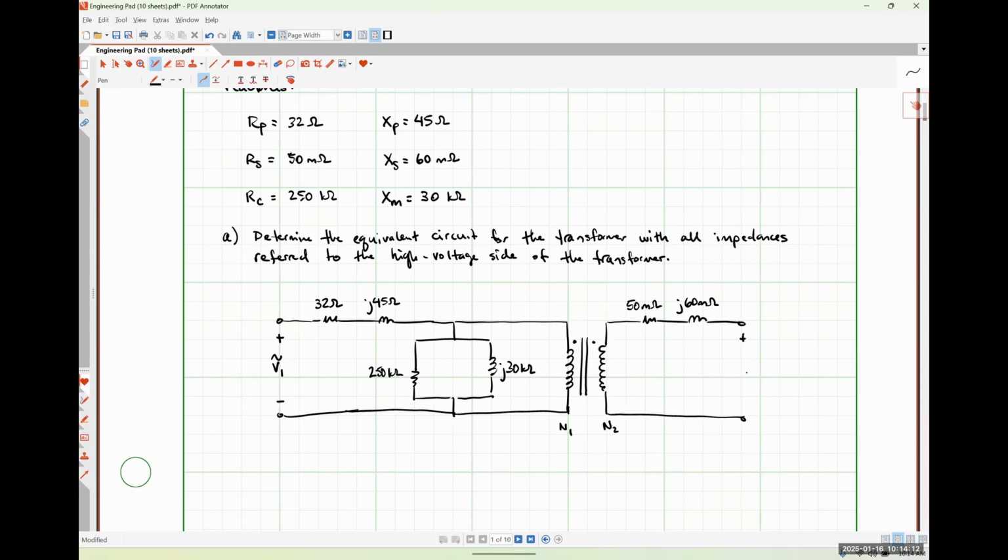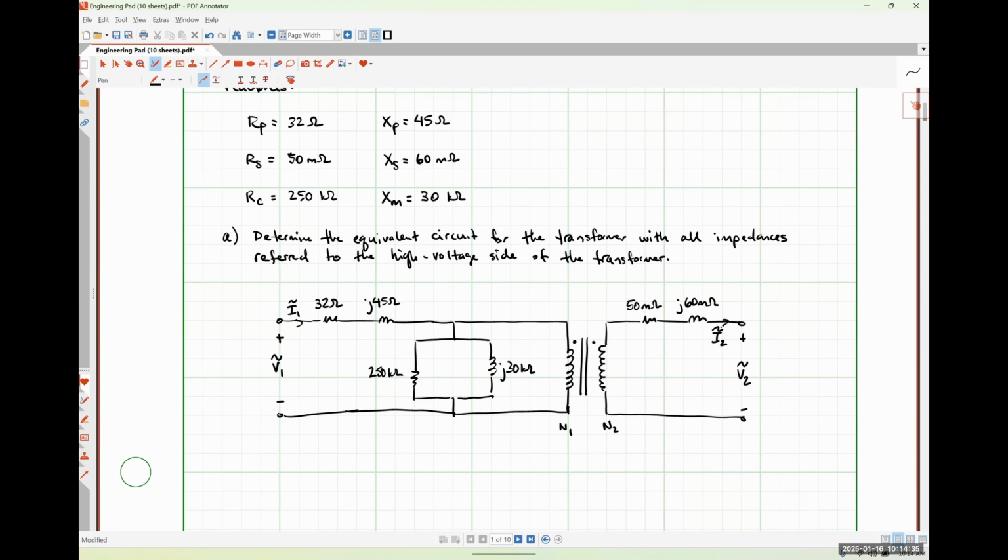And then here's where our secondary voltage would be. And then for what it's worth, here's where the current I1 would be if this was connected. And this is where the current I2 would be, again, if this side were connected to anything. So this is what my equivalent circuit model looks like prior to me doing any referring or reflecting things around.